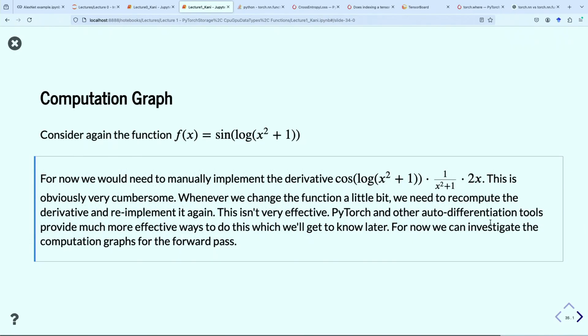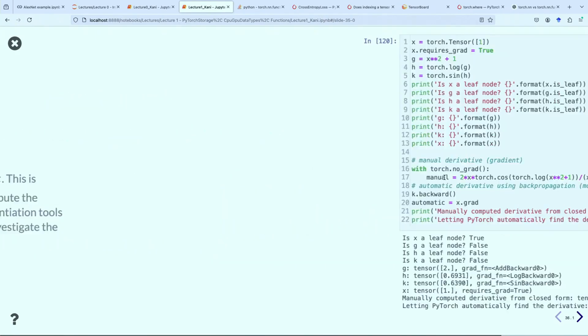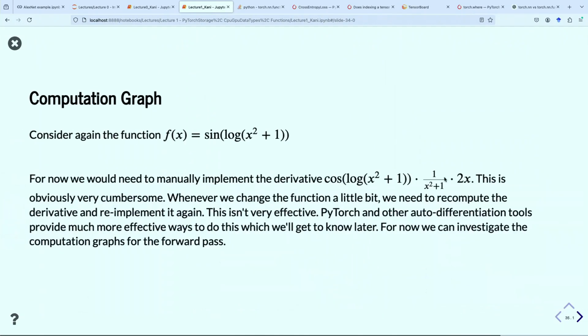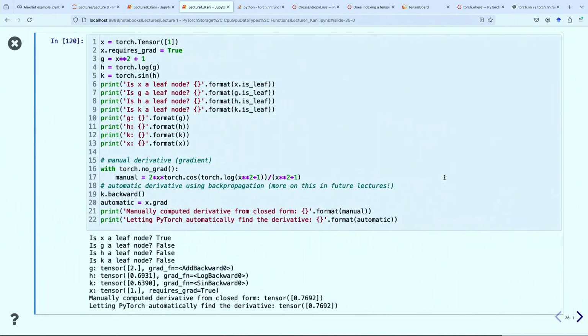So the good thing is that the core benefit of PyTorch and most auto differentiation tools is that they provide much more effective ways to compute the derivative of composite functions. They do this using what's known as a computation graph.